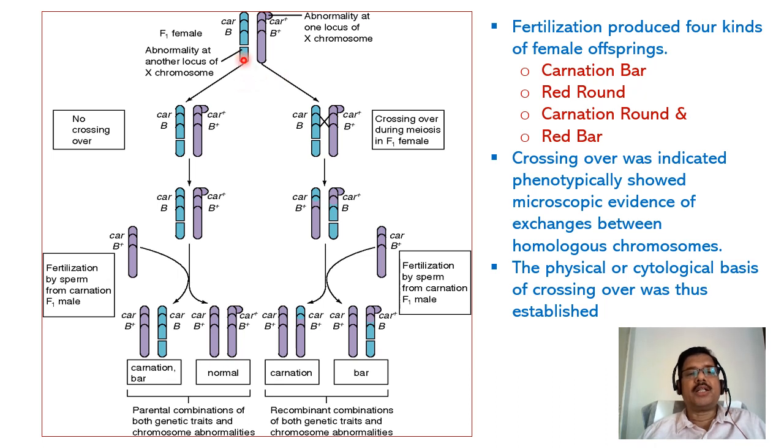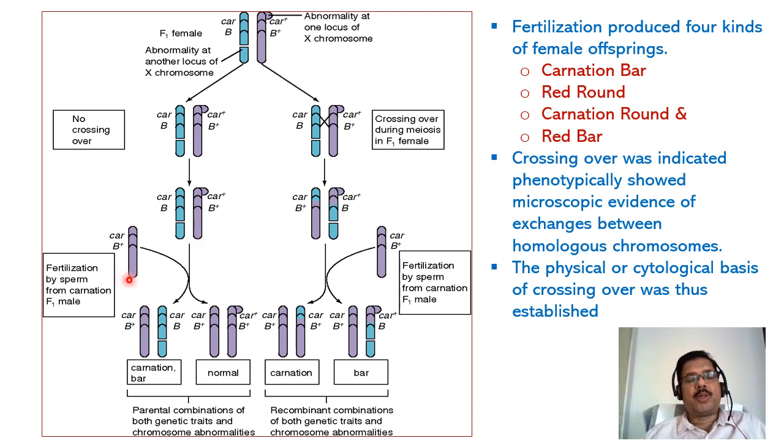One X is broken, that is the abnormality, and the other X chromosome has another abnormality at one end. This one is carnation with bar eye shape, and this one is red color with round eye shape. Here there is no crossing over, and here crossing over occurs during meiosis. So at the end, four gametes are produced.